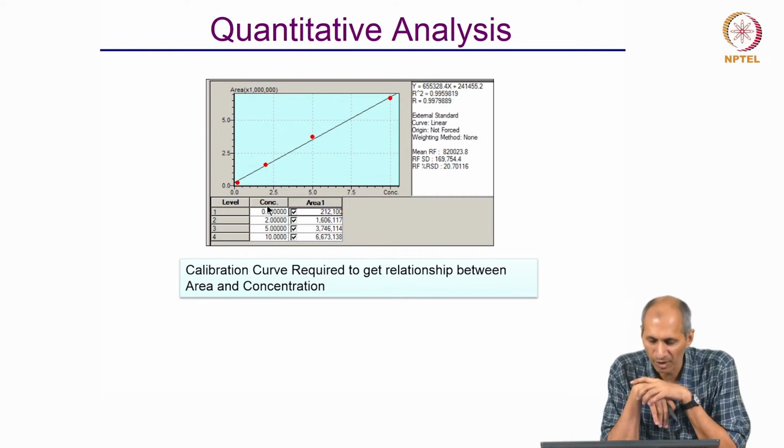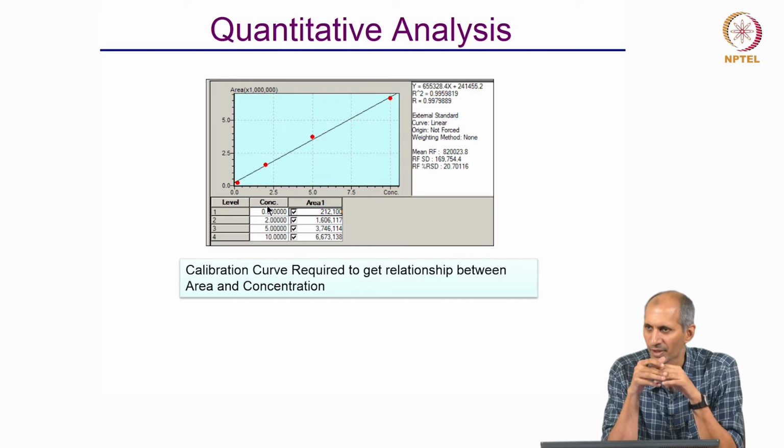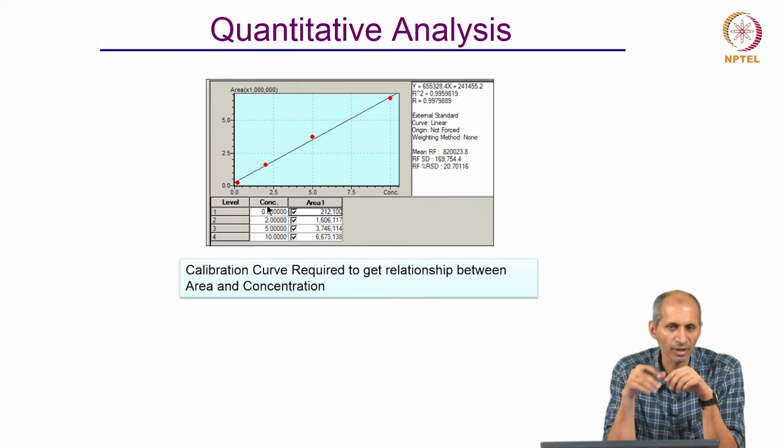One of the things that happens in the system, as you have seen, is that there is a lot of loss. Loss can happen in the injection system when the sample is getting vaporized and pushed into the column. It may not come out of the column sometimes, and it may get adsorbed in the injection system. It may get lost in the detector.